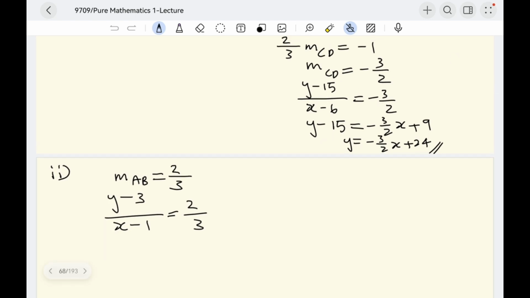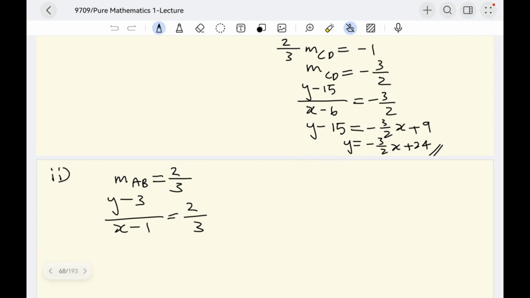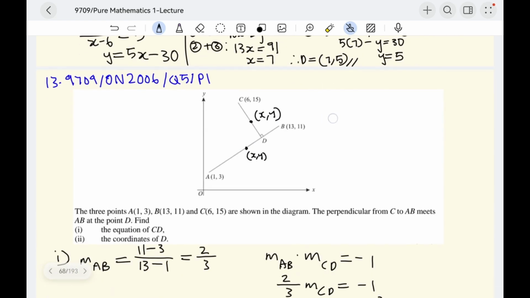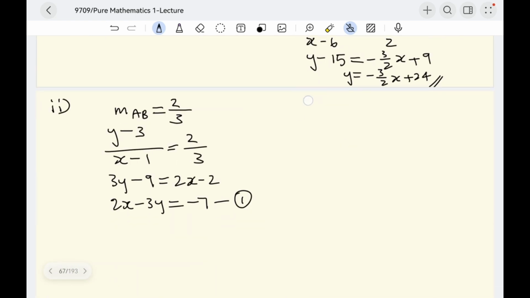So now you need to expand and simplify into the general form. So I have 2x minus 3y equals -7. Here is your equation 1. This equation 1 refers to the equation of AB.